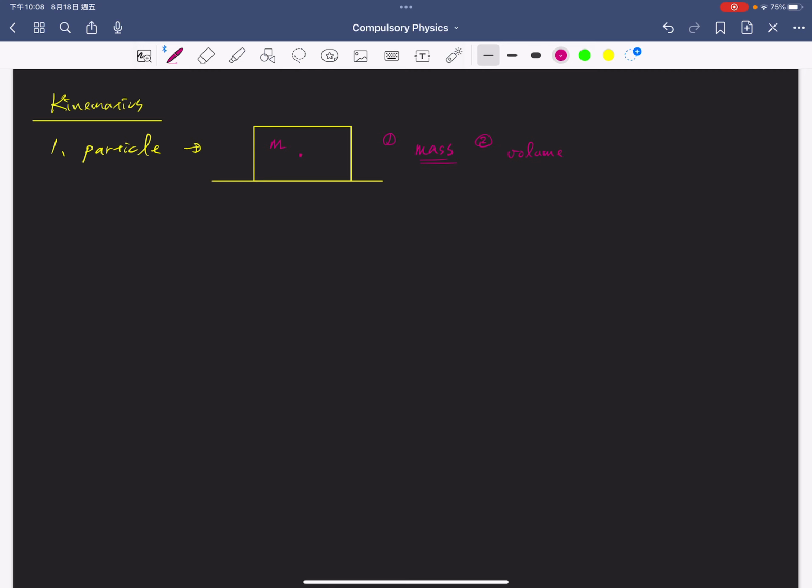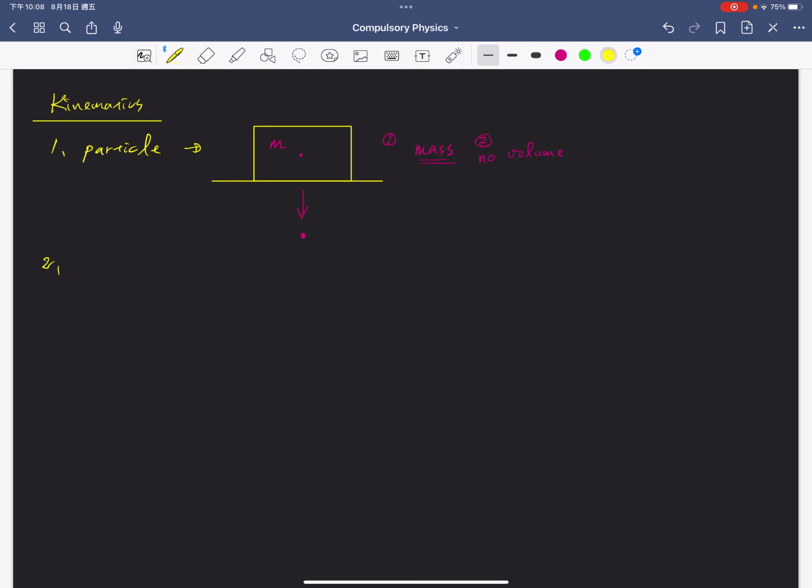If the particle doesn't have volume, it means you just have to ignore all the shape of this particle and think of it as just a point like this one. Okay, so this is the particle. This is really powerful for helping us construct a physical system.